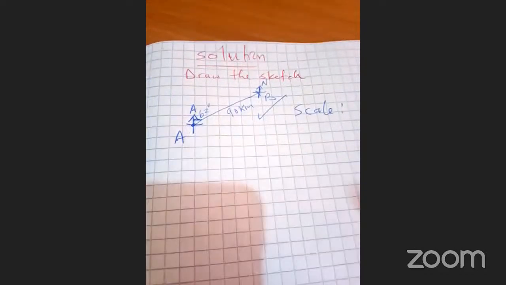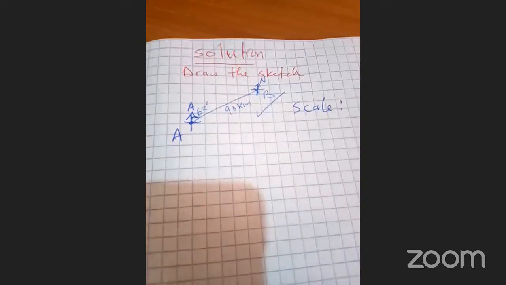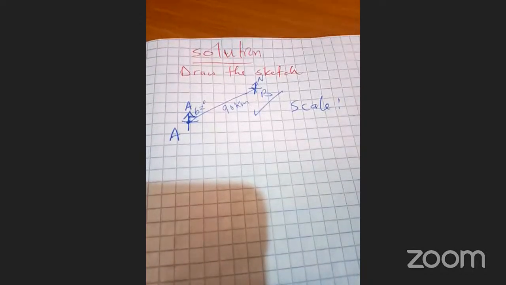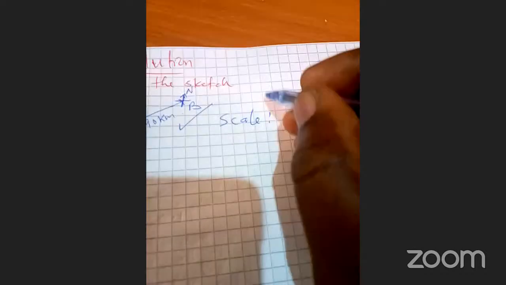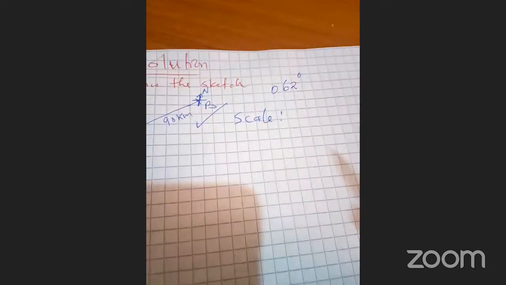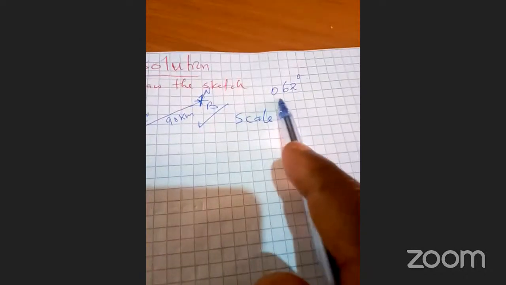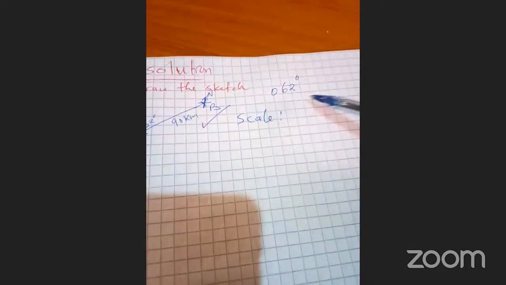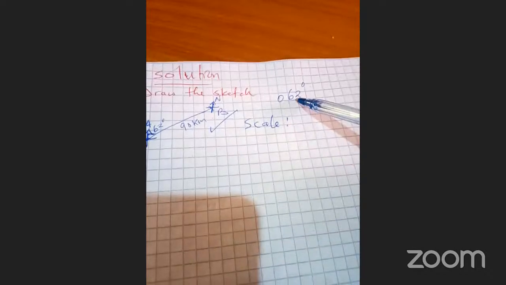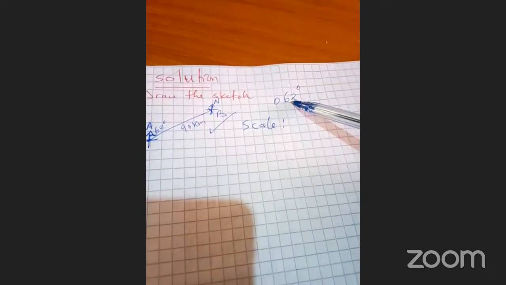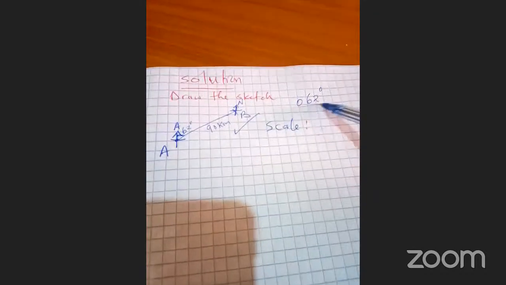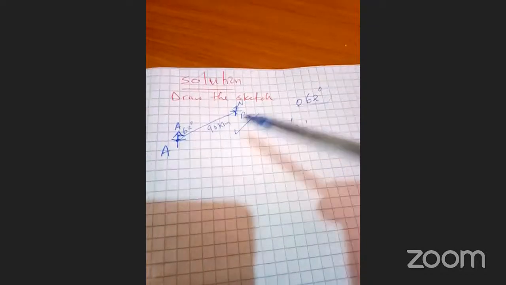So the way the question was framed, it will lead you to know which type of bearing was used. 062 degrees shows you that it is definitely true bearing, because the characteristic of a true bearing is that it is given in 3 digits. Hiyo bearing ingine I'll explain further. So we are dealing with one at a time. So ukiona tu imepeanwa in 3 digits, hiyo inakuonyesha kwamba it is true bearing.